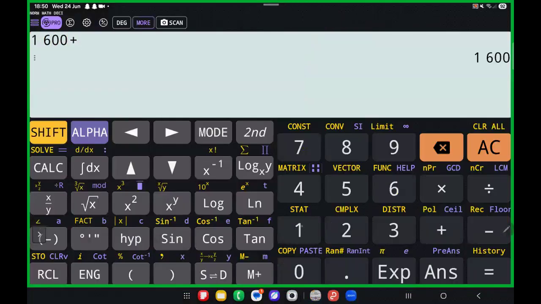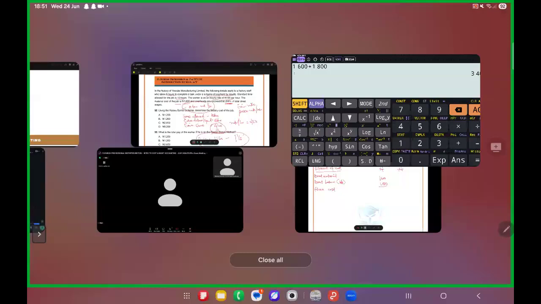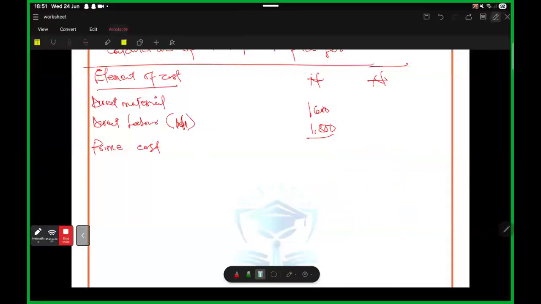No, 1,800 plus 1,600, it's 3,400. So our prime cost will give us 3,400. Okay, this is what we have, but they say we should calculate the total cost of the job.